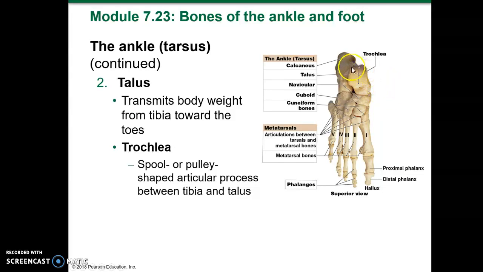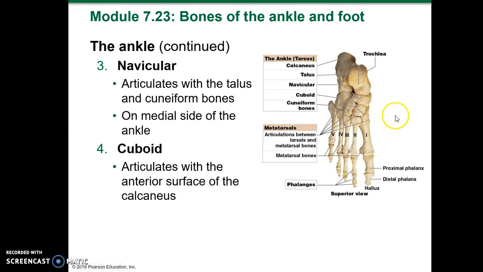The talus is the part that transmits the body weight from the tibia towards the toes. The trochlea is a spool or pulley-shaped articular process here between the tibia and talus.